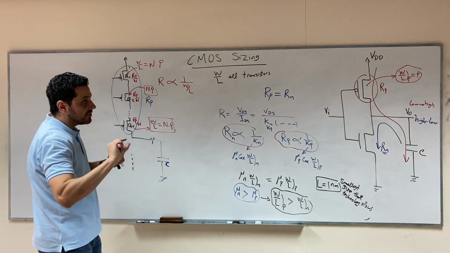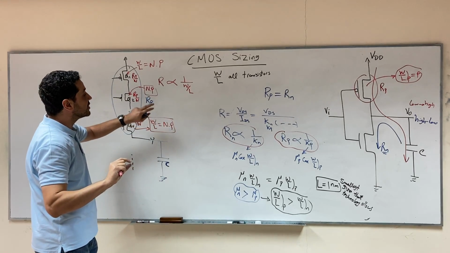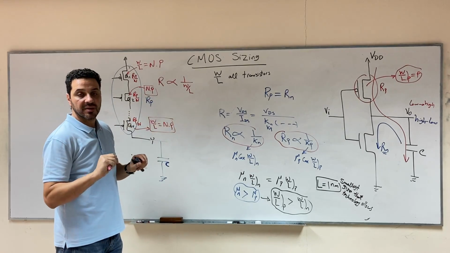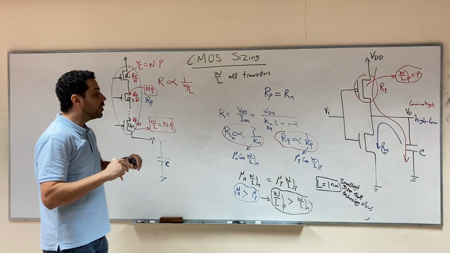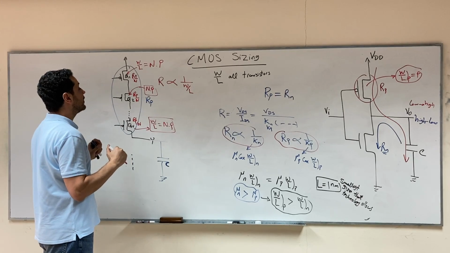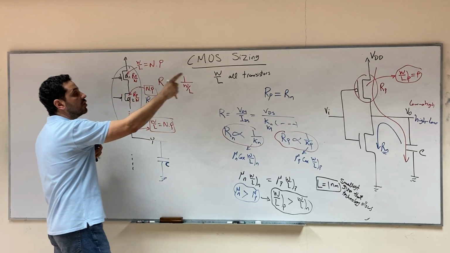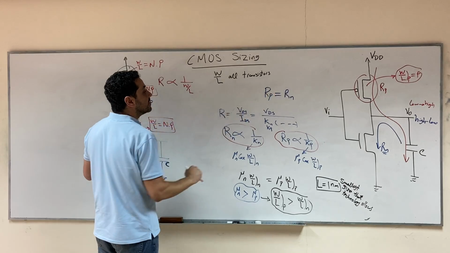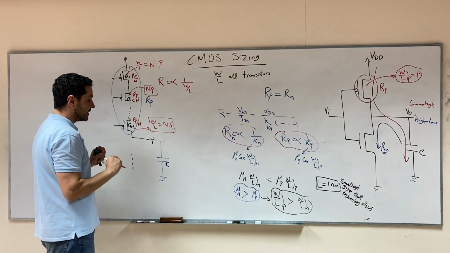And since you are dividing the resistance by the number of transistors, W over L will be multiplied by the number of transistors. So you have to increase the size of W over L here over the one used in the CMOS inverter so that you have smaller resistance.